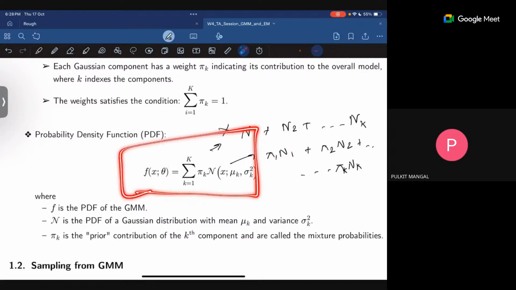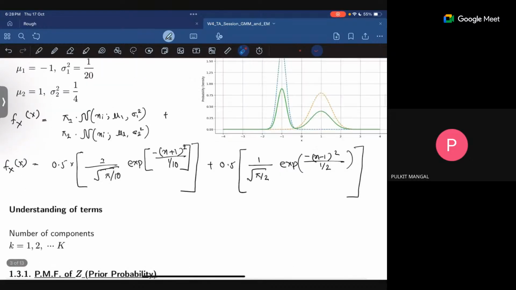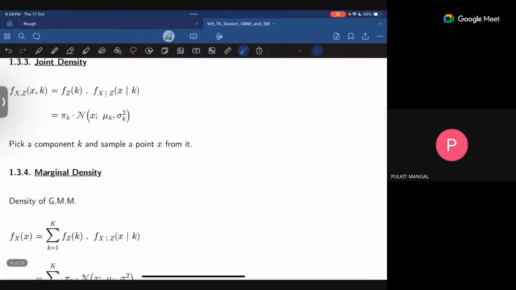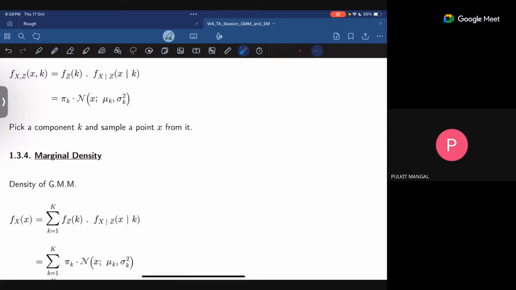This is the density function for the GMM: as the point xi could have come from any of the components, we sum the joint density function across all components. So that would be pi 1 n1 plus pi 2 n2 till pi k nk, where n1, n2 mean the normal distributions. Is the marginal density clear?